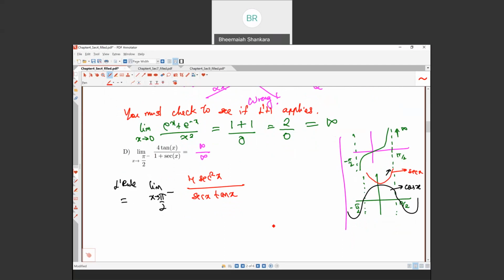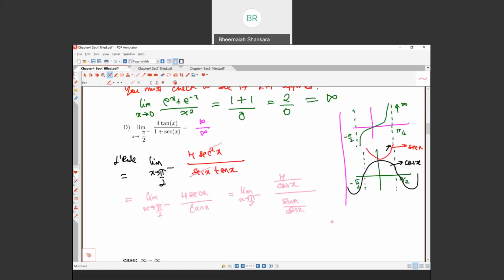Now you can cancel one of these secant terms here, and all you have is secant divided by tan. So you can write this as limit x approaching pi over 2 minus, 4 secant divided by tangent. 4 secant can be written as 4 over cosine, and tangent can be written as sine over cosine.